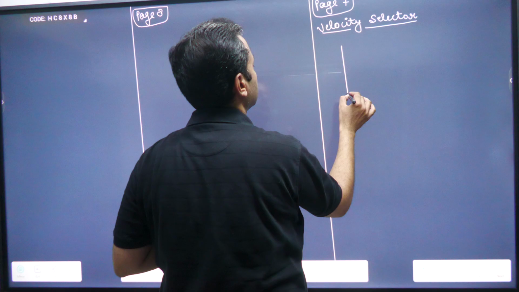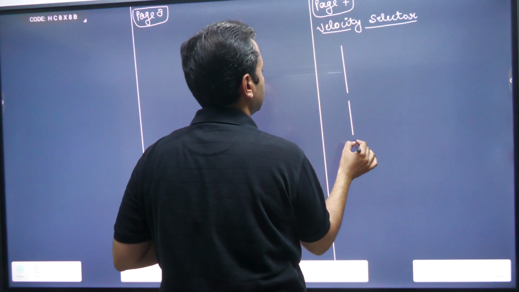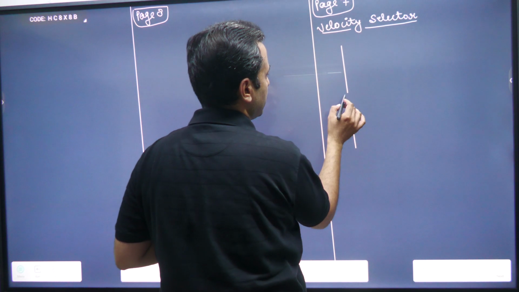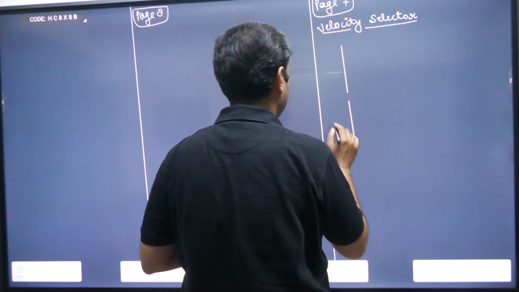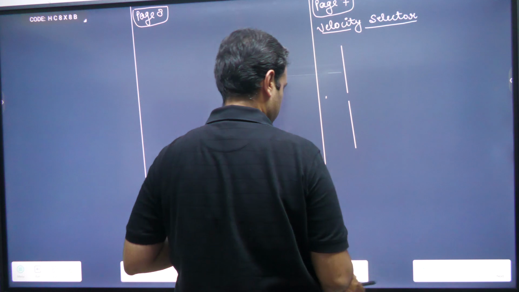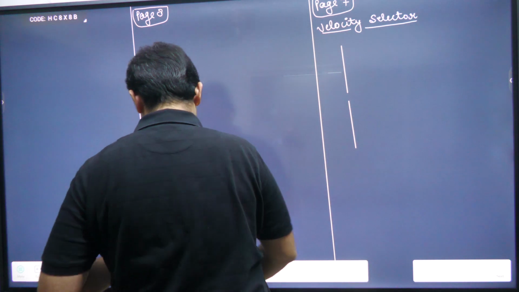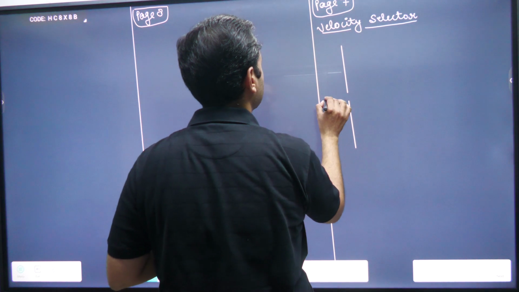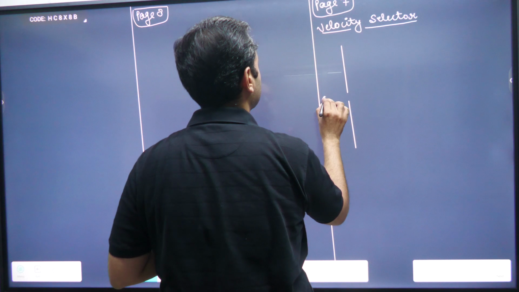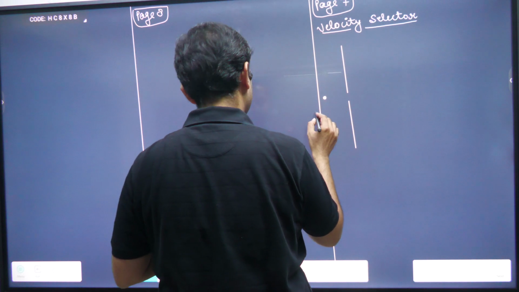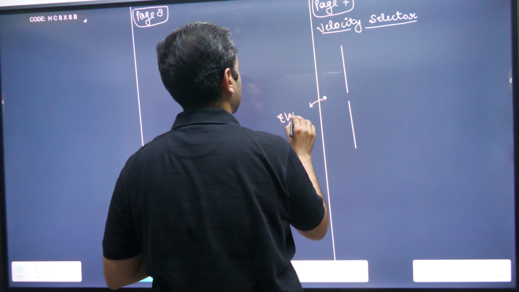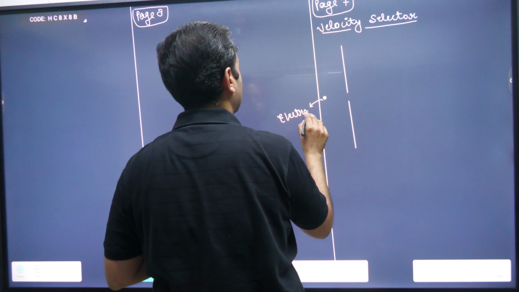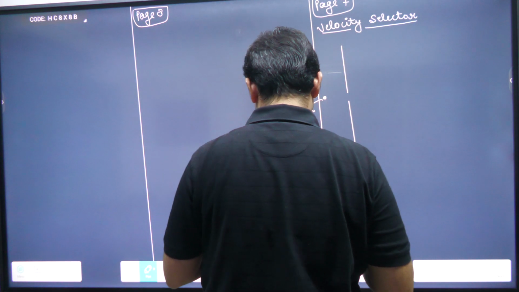This small opening is called a slit. This is an electron.